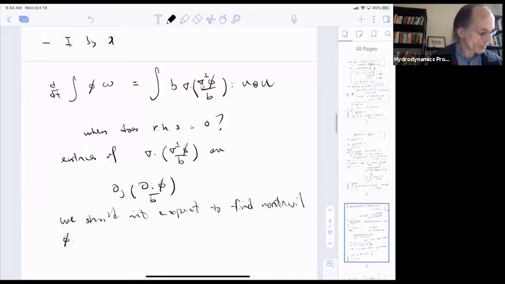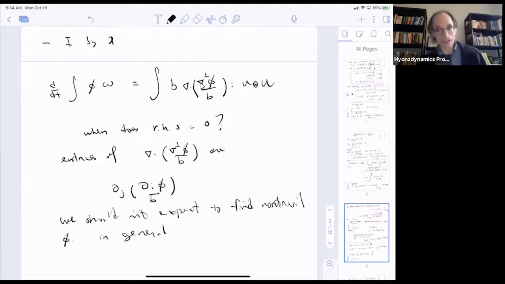With this property. But in general, the count of equations and unknowns is just too unfavorable.